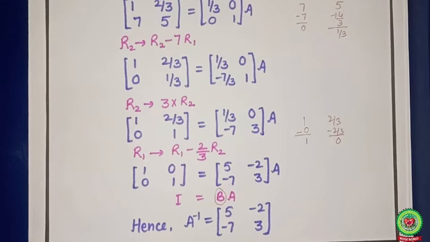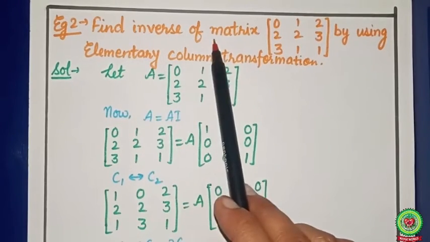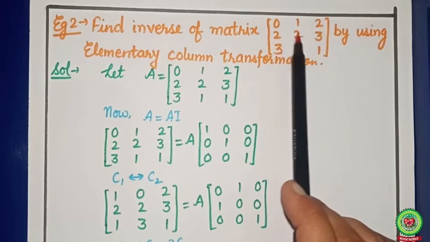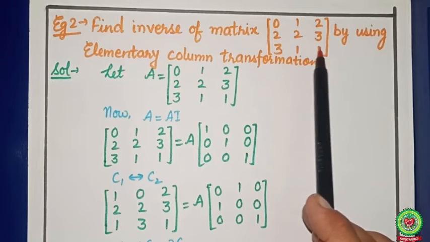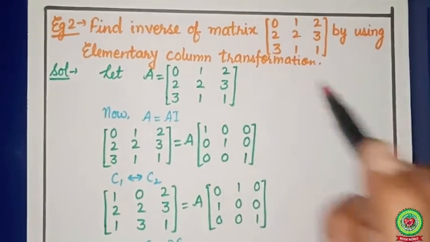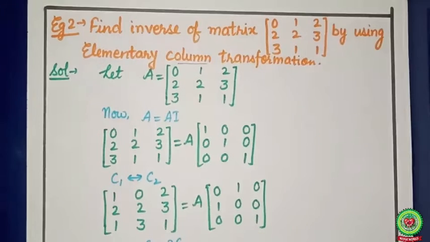Now let's do one example of column transformation. Find the inverse of the matrix 0 1 2 2 2 3 3 1 1 by using elementary column transformation. Here we have to use the column transformation.